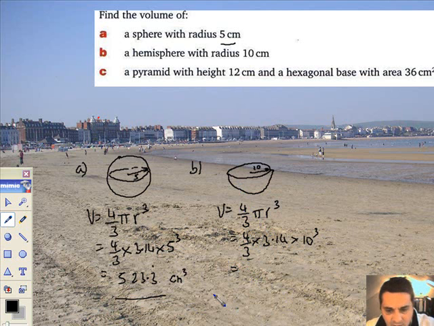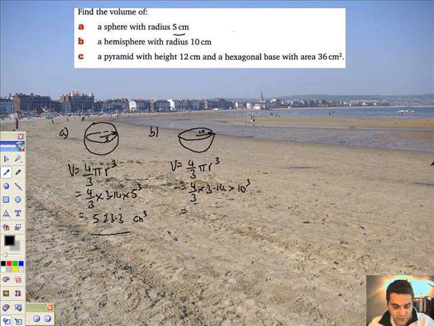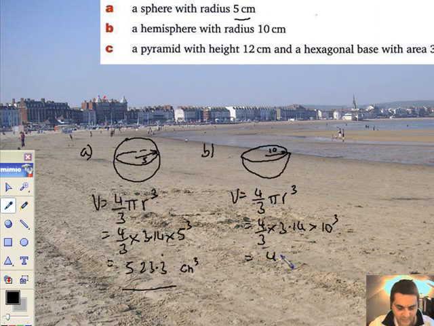But let's just get an answer now, and see if you're happy. Right, so 4 divided by 3 times 3.14 times 1,000, because that's what 10 cubed is, isn't it? Bam. So I've got 4,186.6 recurring, and if it's in centimeters, the volume's in centimeters cubed.